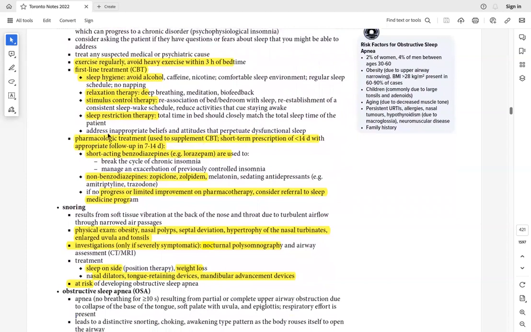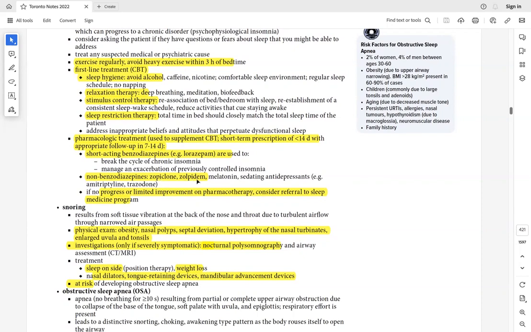After that comes the pharmacological therapy. And always remember, we do not just start them on benzodiazepines. It is the last option. First sleep hygiene and cognitive behavior therapy, then we move on to melatonin. After melatonin, if still not getting better, we can start zopiclone or zolpidem.